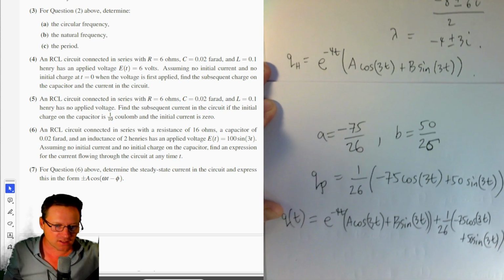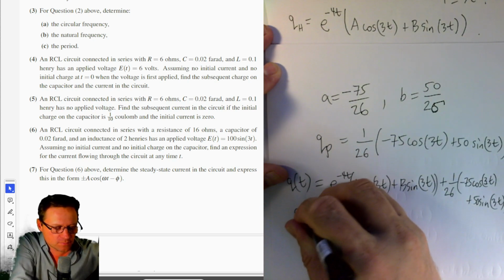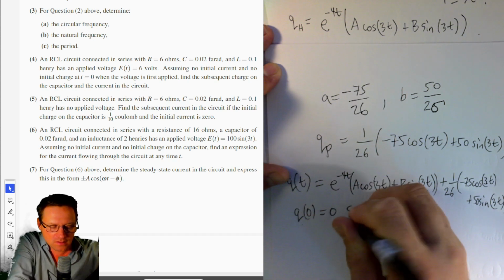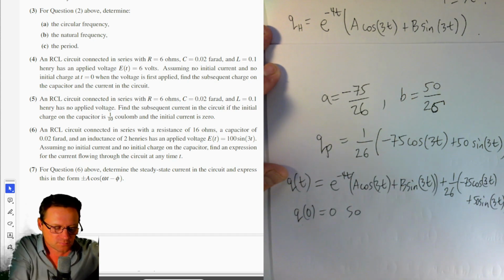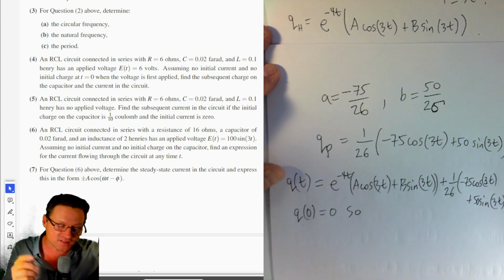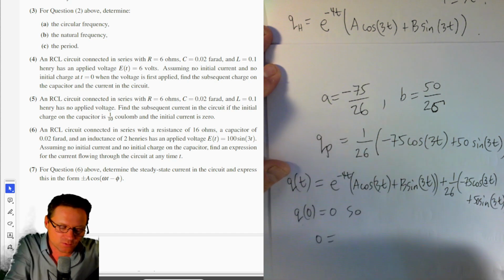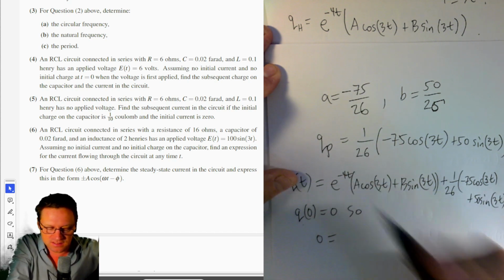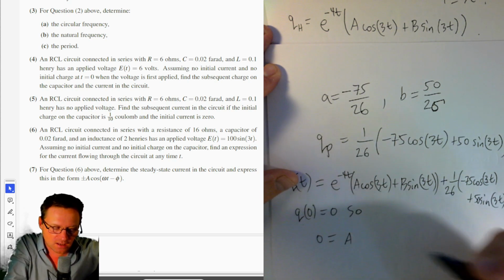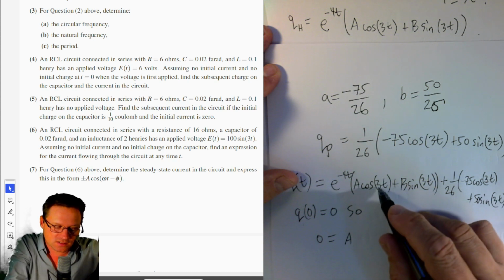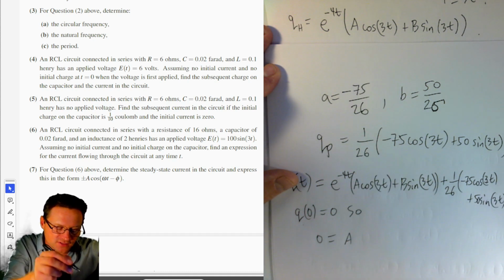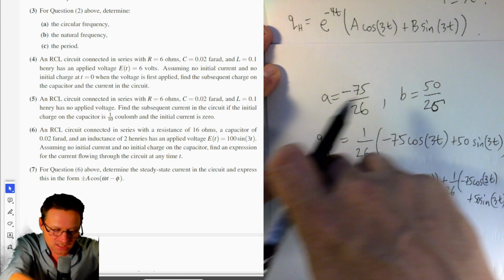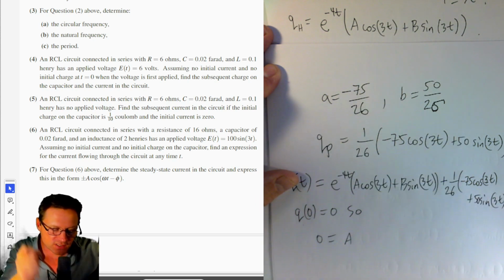Now, remember we had Q of 0 is 0. So when we sub in and replace t with 0 here, we have 0 is equal to e to the 0 is 1. So A cos of 0 is 1. Sine of 0 is 0. So this part will just give us A when we sub in t is 0.